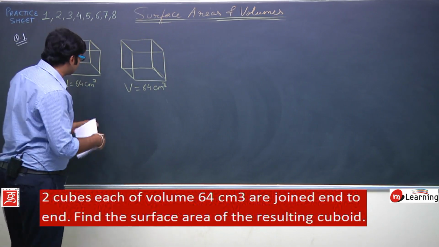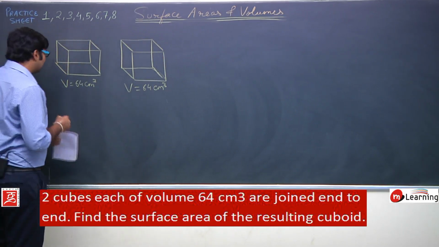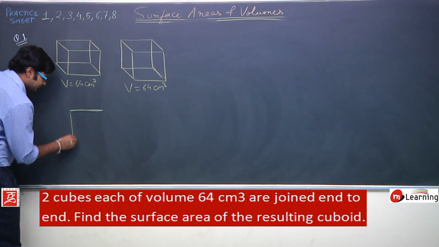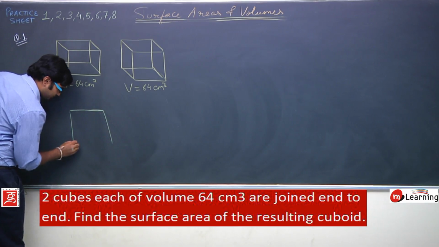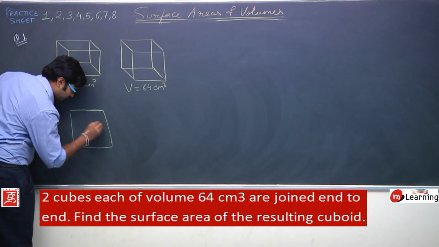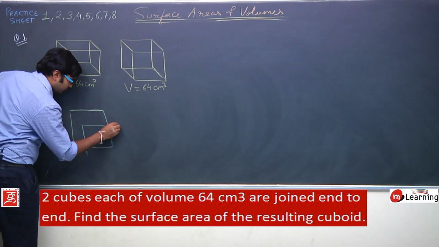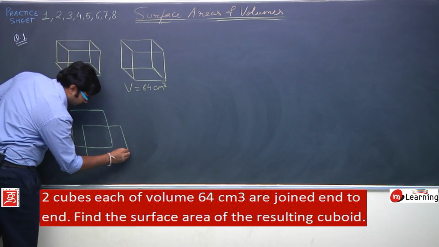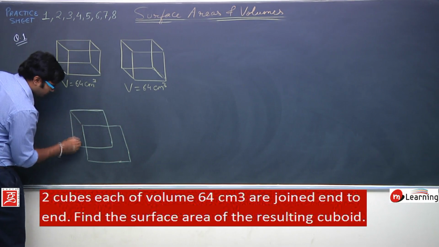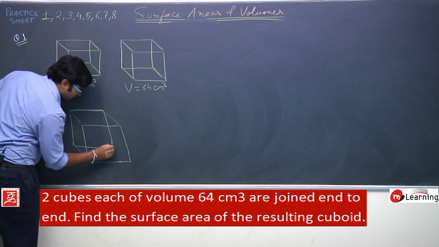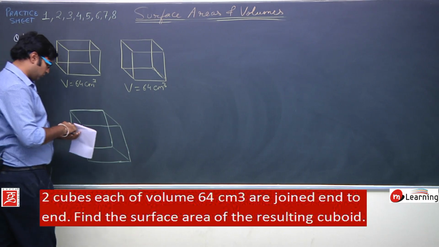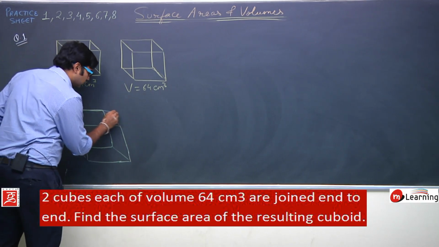If I join these 2 cubes, how will they be joined? I will join them like this. This is one cube and another cube is joined to this cube in this manner.